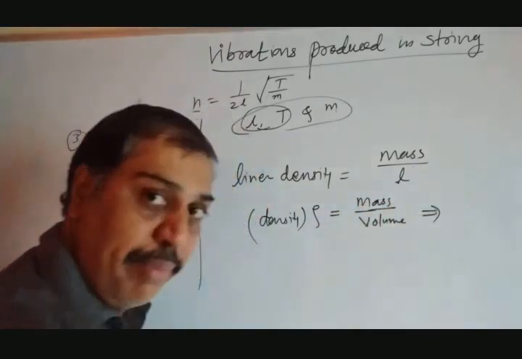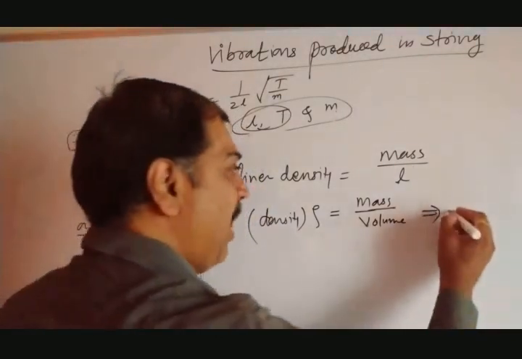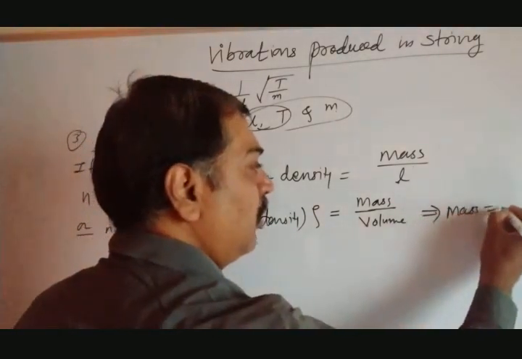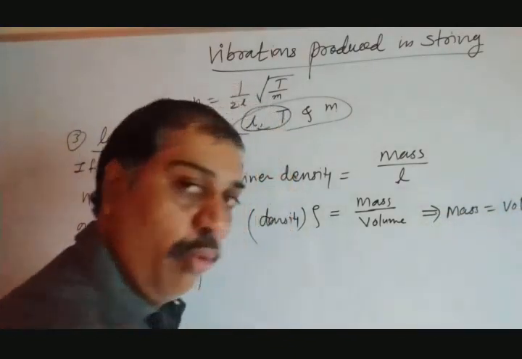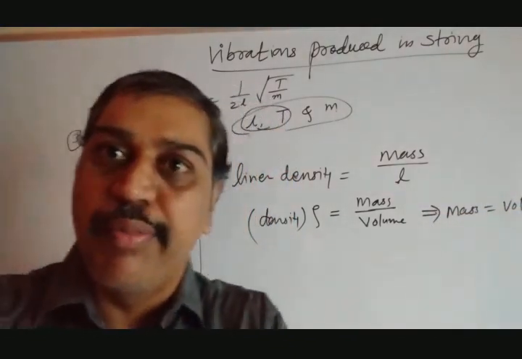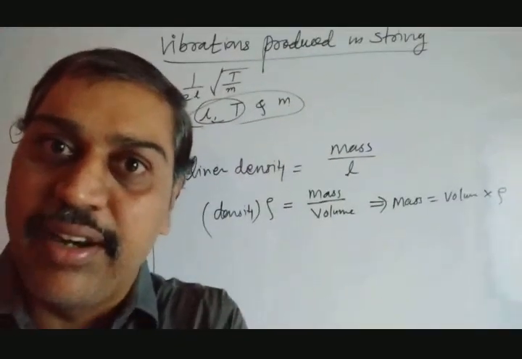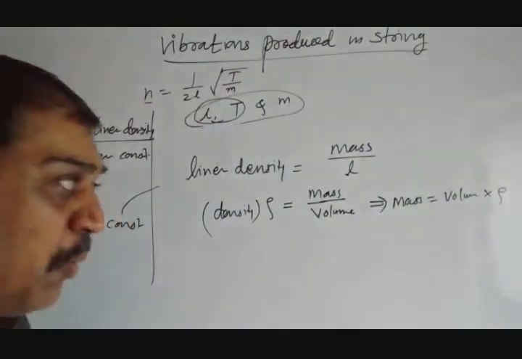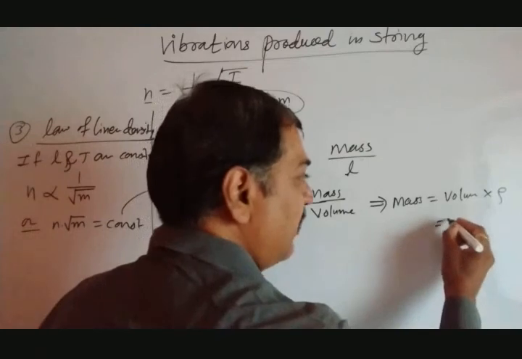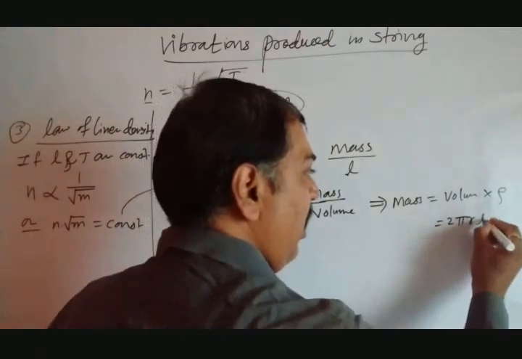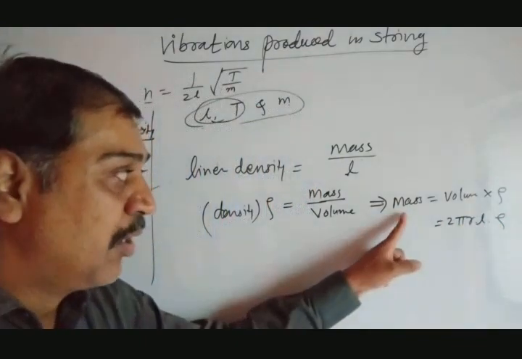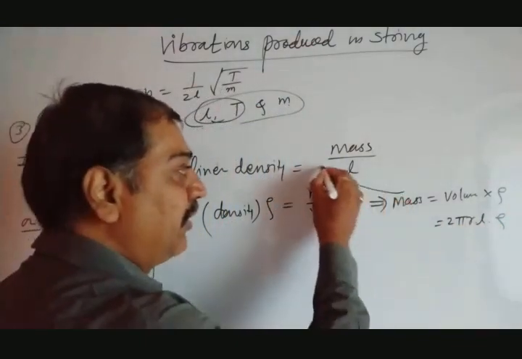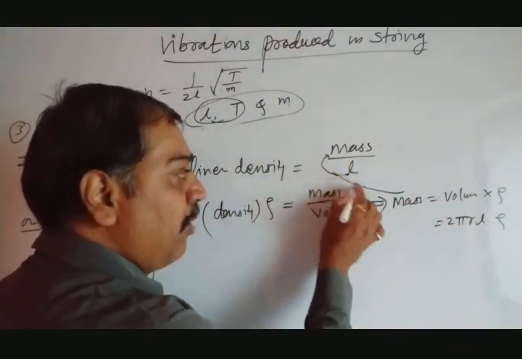This equation implies that mass equals volume into density rho. What is the volume of the wire? Because it's a string, what is the volume of the string? 2 pi RL, so you can write mass as 2 pi RL into density rho. Put this value of mass in this equation.